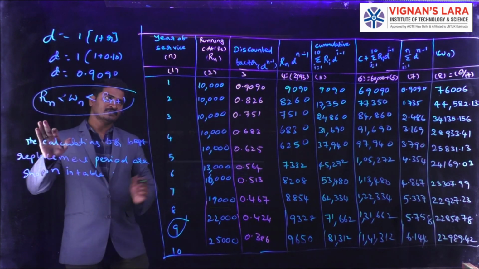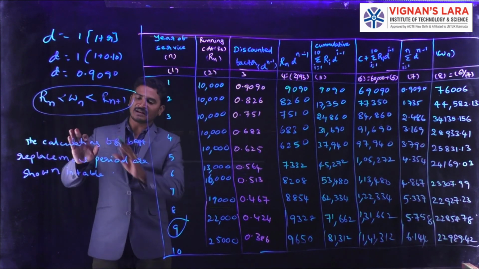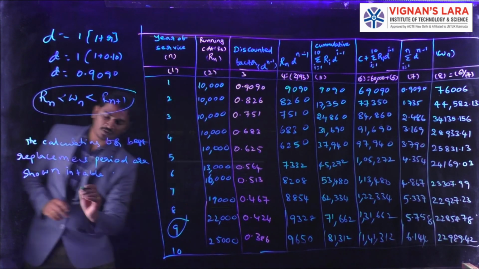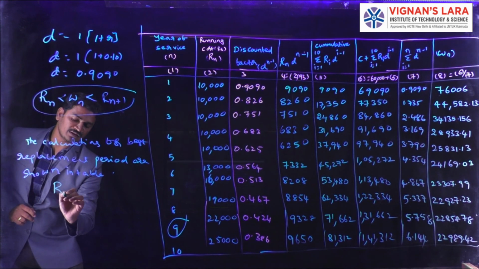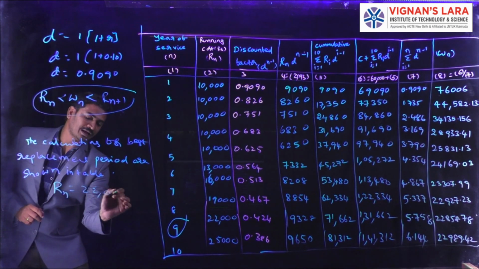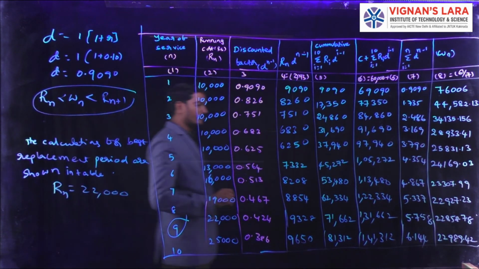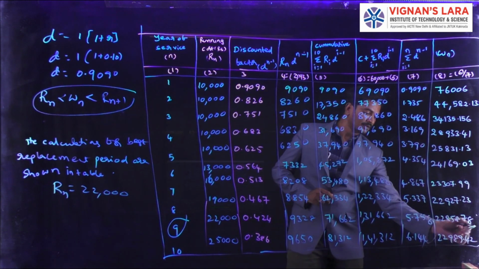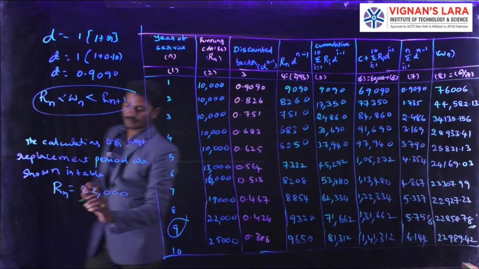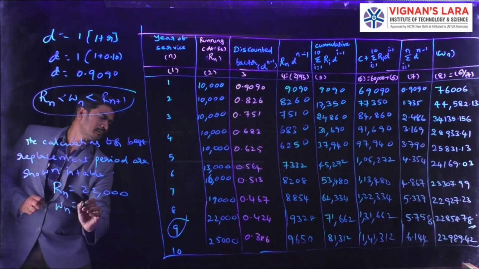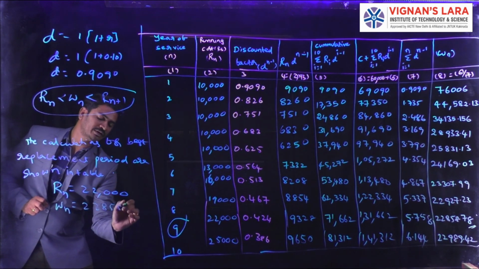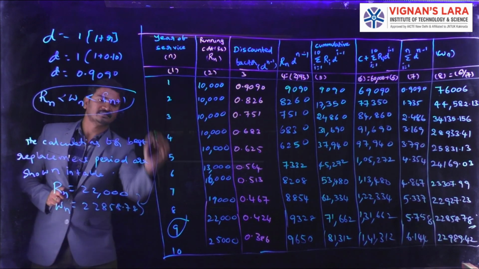Here Rn means we are going to take the running cost. At 9th year we have the running cost is 22,000, that is Rn is equal to 22,000. Then coming to the WN, the WN value is 22,858.78. So the condition is satisfied.